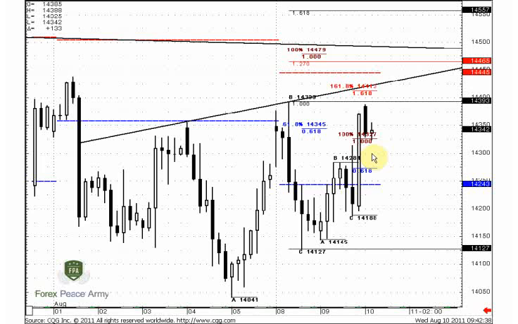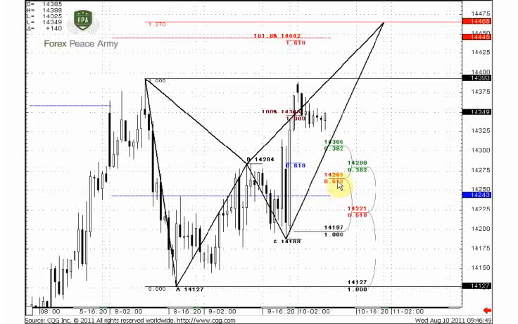Okay, so as usual, the major advice: control your risk, and take as little risk as possible. So if you already have a position, probably you could move your stop to break even. If not, even if you do not have a position currently, the stop, as you can see, will be very tight.